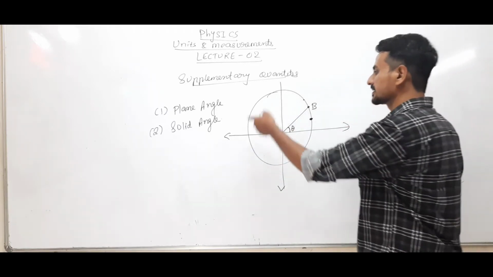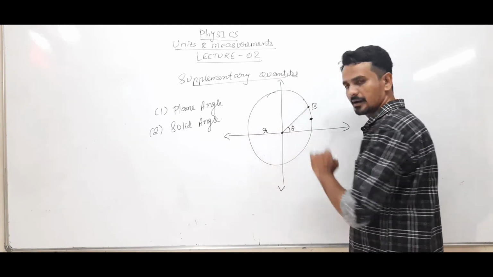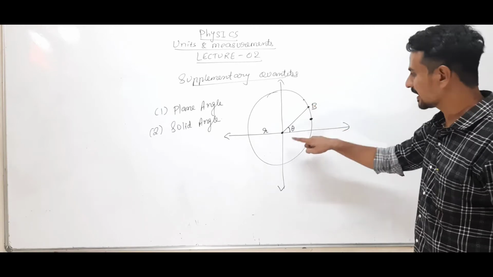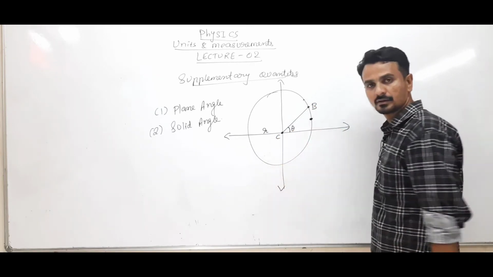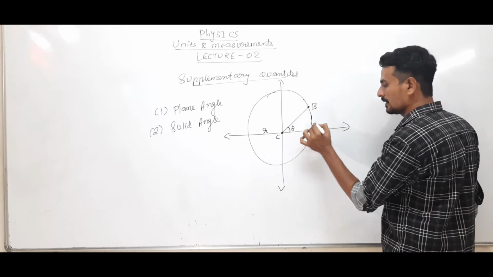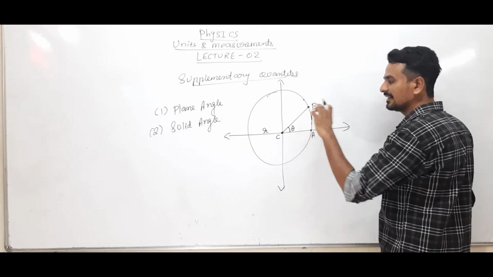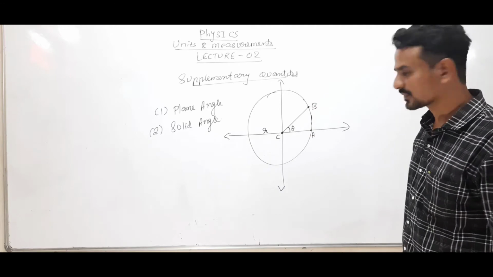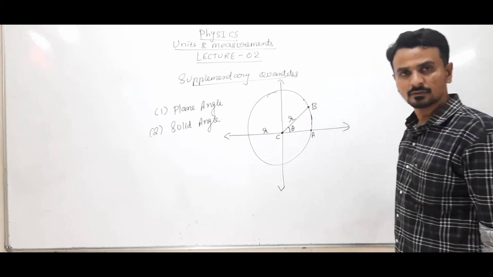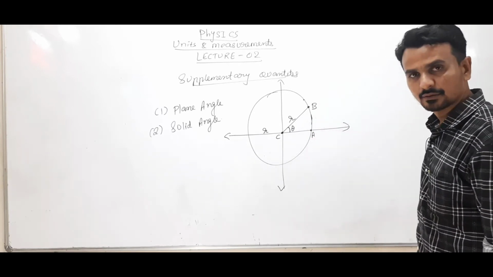Once again, it's a circle with radius r. Here the point B subtends an angle theta with the center. So this AB is known as the arc, this is known as the radius, and this is known as the angle.